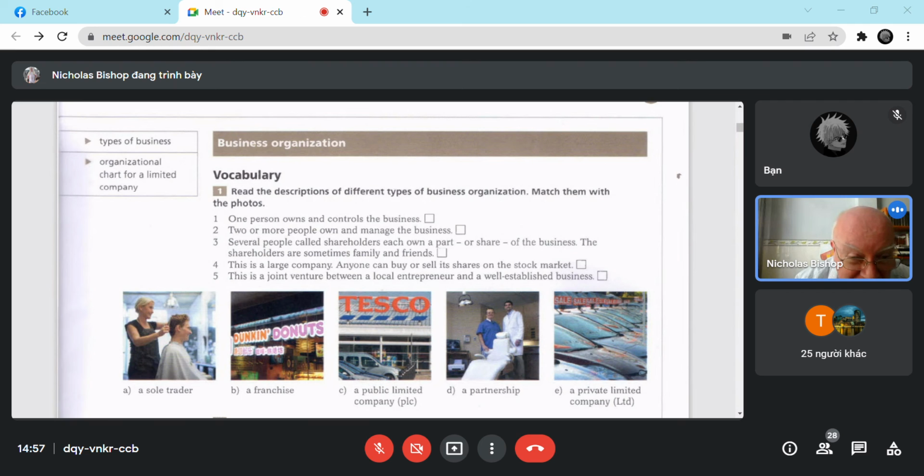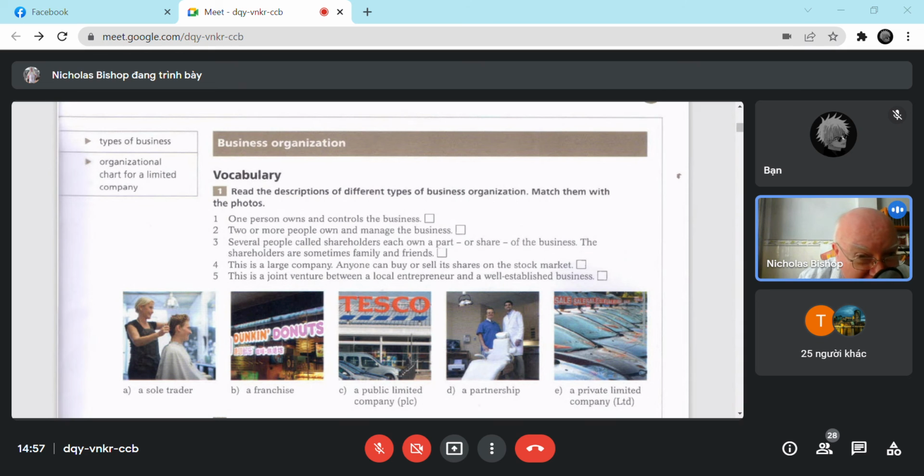So it could be a dentist or some kind of partnership where 2 people work together. So that's the next kind of business. You have a sole trader, and then if it's a bit more complex, like a dentist, then you could have a partnership.